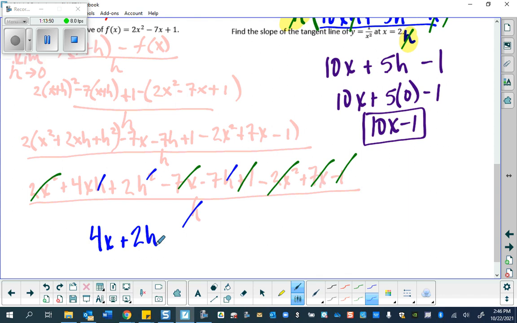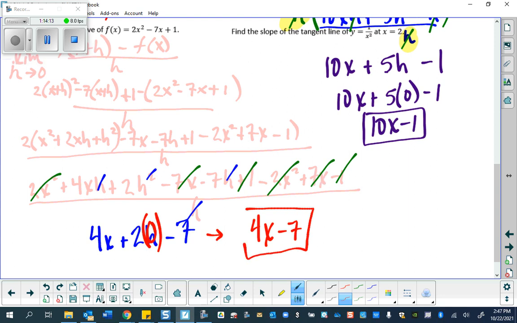Minus 7. Are we good? The limit as h approaches 0, when I plug in the h, I'm going to get 4x minus 7. That is the equation of the tangent line with this curve.